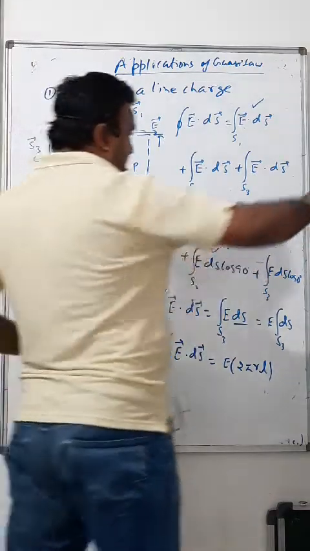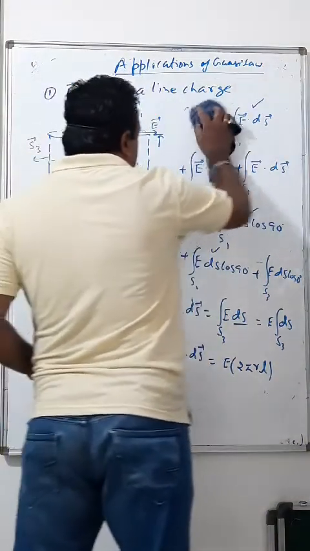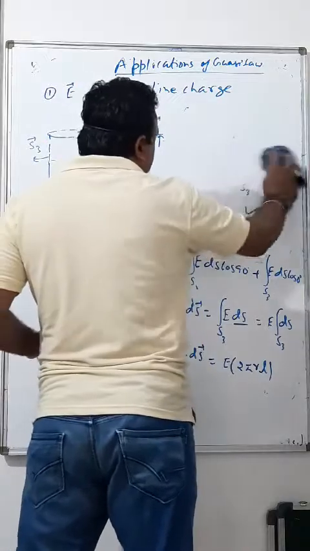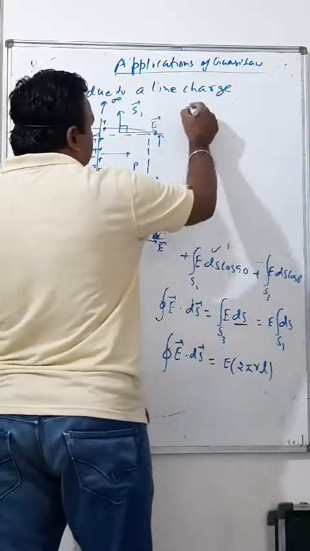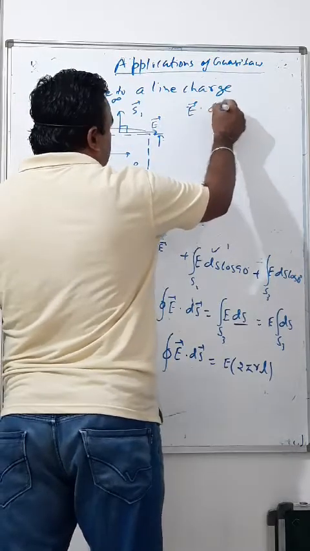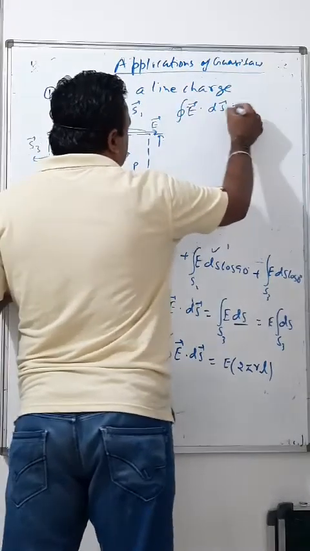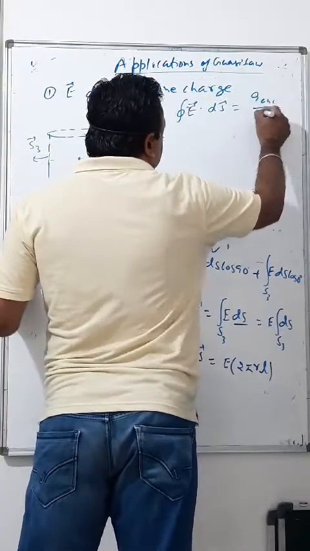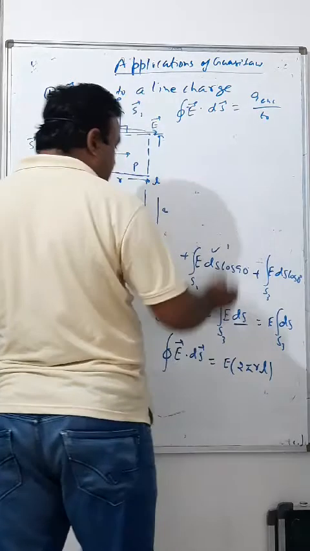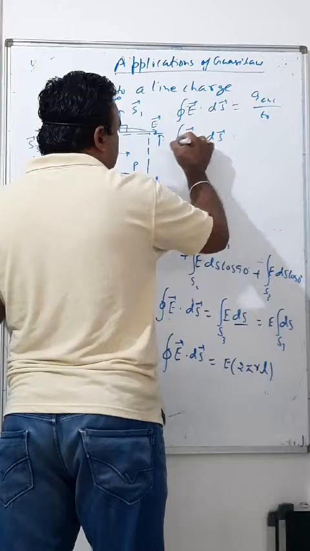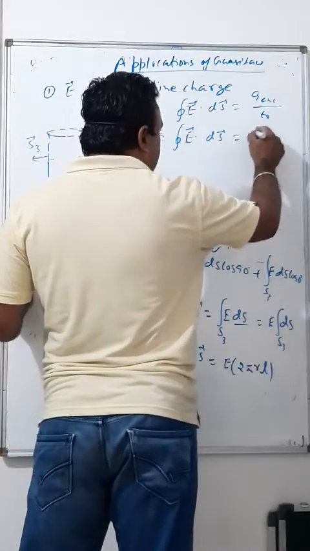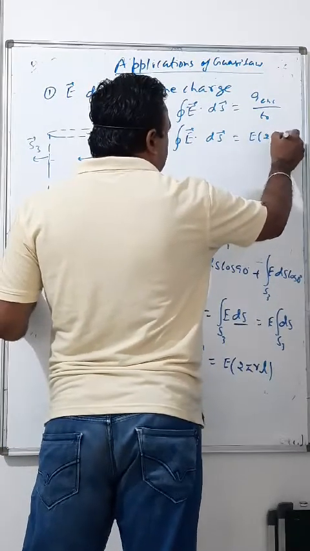Another statement, actually the basic statement of Gauss theorem is what? E dot dS over the closed surface is equal to Q upon epsilon naught, meaning E dot dS is equal to Q enclosed upon epsilon naught. And here we have got E dot dS over the closed surface as E into 2πrL.